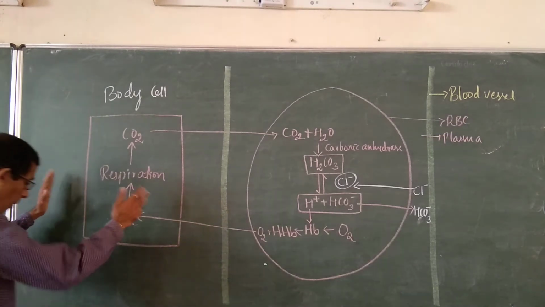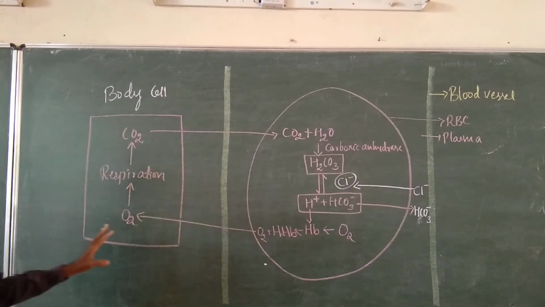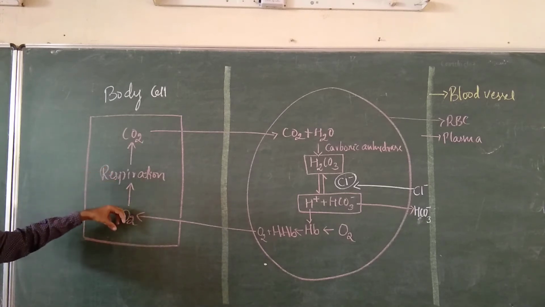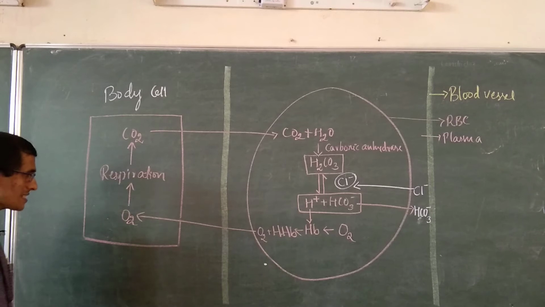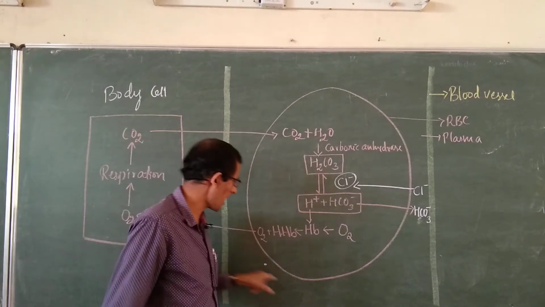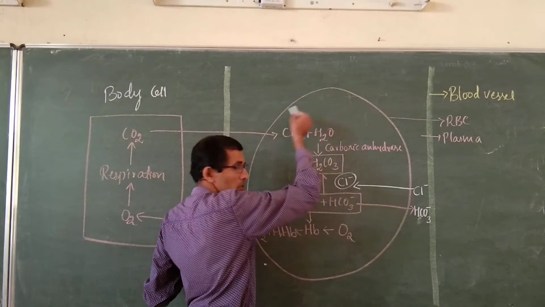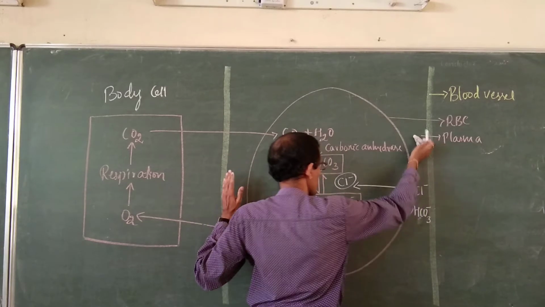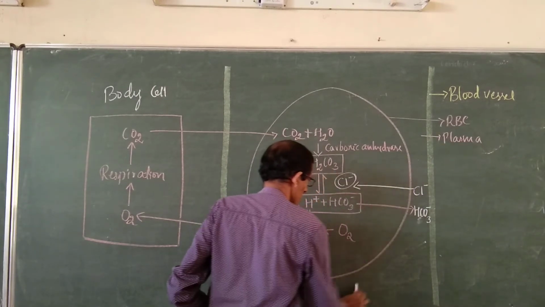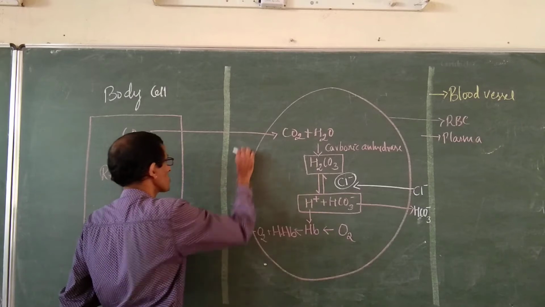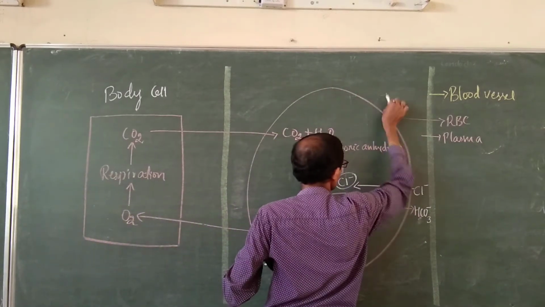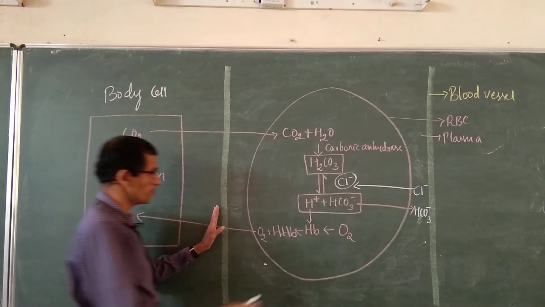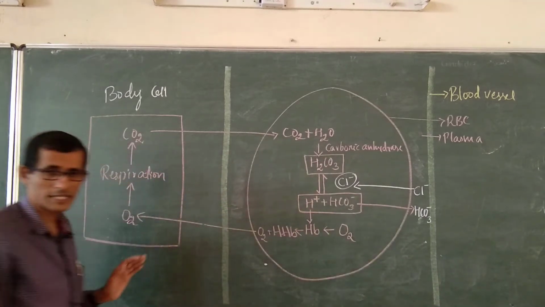This is the body cell, an individual cell of our body, where oxygen is obtained through the RBC with the hemoglobin. This is the biconcave disc shaped RBC, present inside the blood vessel in the plasma. Outside of the RBC, the entire coverage is plasma, and this is the boundary of the blood vessel or capillary.